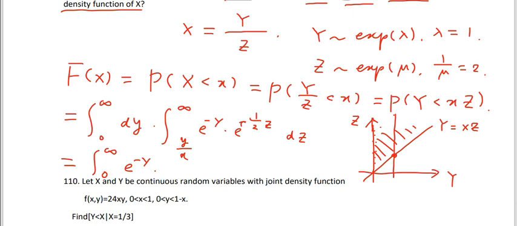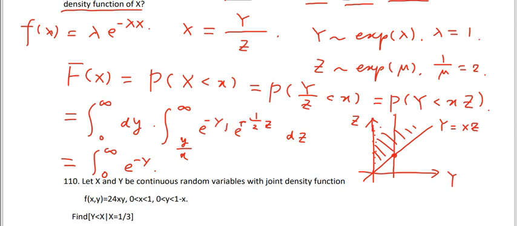Oh, I'm sorry. The exponential density function is lambda e to the negative lambda x. Here, the density function for exponential is lambda e^(-lambda x). If mu equals half, then we have a coefficient.